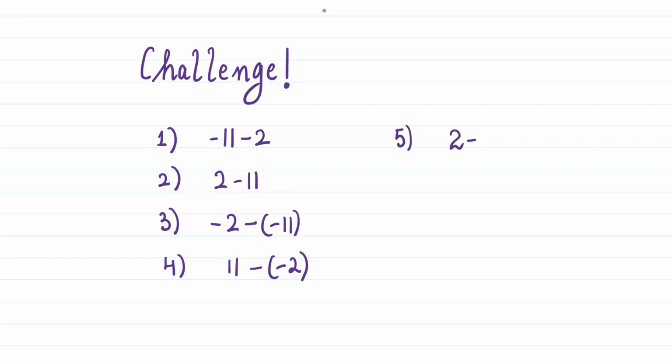Second one is 2 minus 11. Third one is negative 2 minus negative 11. Fourth one is 11 minus negative 2. Now, if you read it properly, half of the work is done. Then we have 2 minus negative 11.